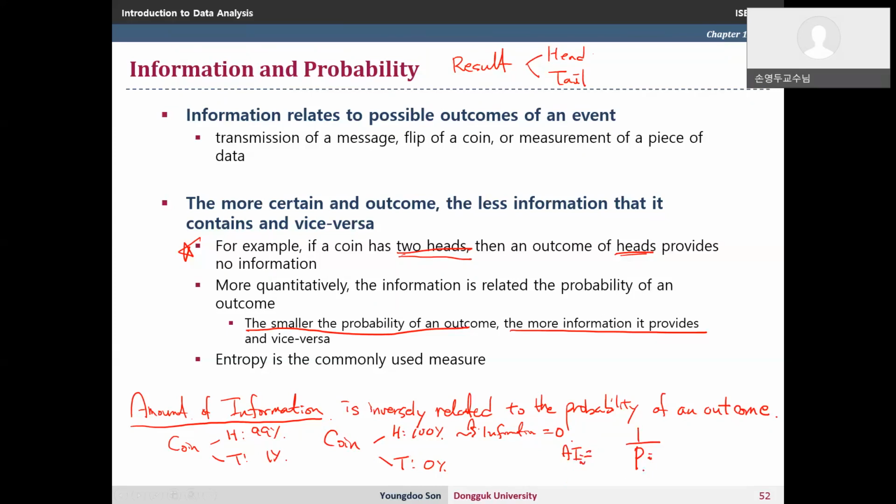However, if we put pi equal to 1, we want the amount of information to become 0. So we take the log here.